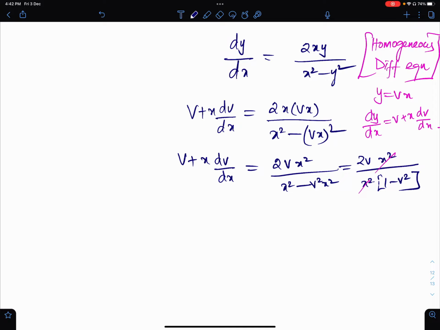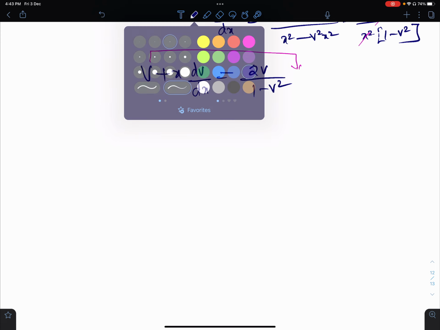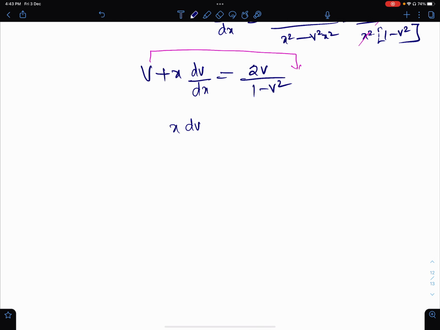It is v plus x dv by dx is equal to 2v by 1 minus v square. So take v to the other side. What do you get now? It is x dv by dx is equal to 2v by 1 minus v square minus v.